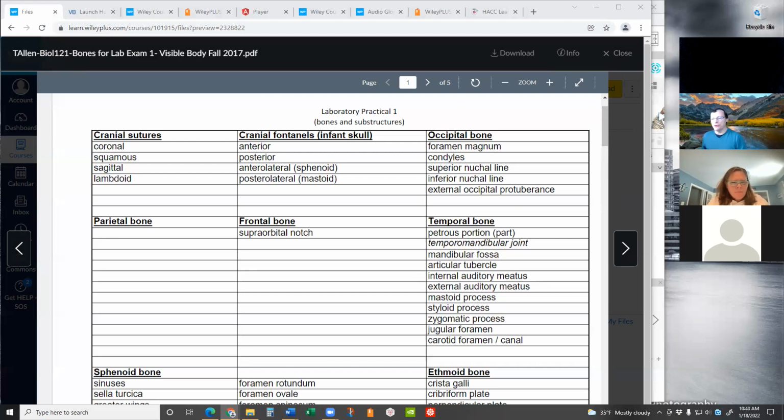For the cranial sutures and fontanelles, use the textbook. I'm not saying you can't use the software. I'm saying the software is not very good at those particular things.